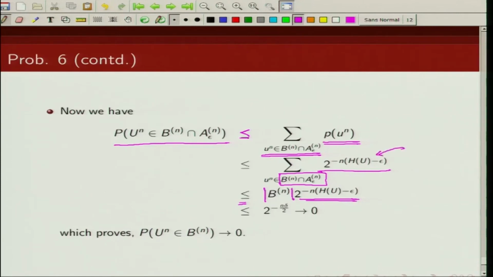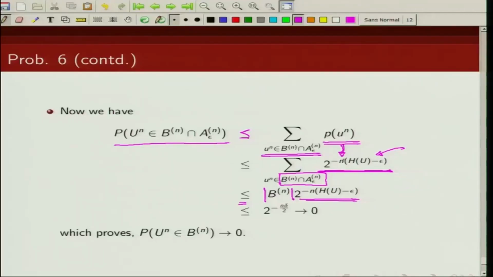Now this probability, if you recall, from the properties of typical sequences, we know the probability of a typical sequence is upper bounded by this quantity. From here to here we get this relation from the property of typical sequences, that the probability of u^n when u^n belongs to the typical set is upper bounded by 2 raised to minus n(H(U) minus epsilon), and we are summing over this particular set. So this would be the cardinality of B_n multiplied by this.